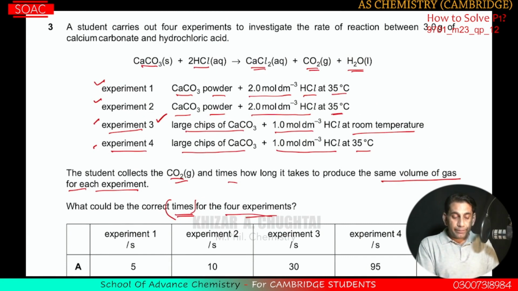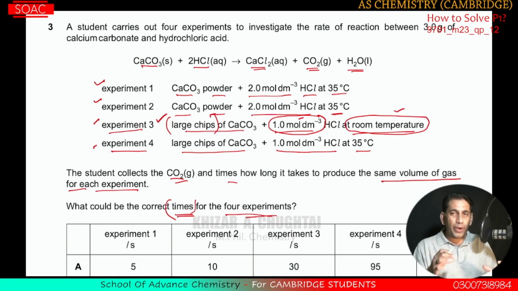In this experiment, there are large lumps, which are going to decrease the rate of reaction. The concentration of HCl is also half, which again decreases the rate of reaction, and the temperature is also lower. Room temperature is approximately 25 degrees Celsius. So all the factors indicate a low rate of reaction.